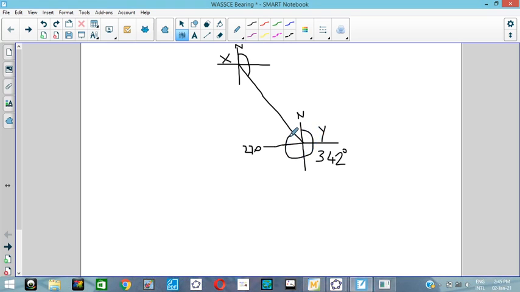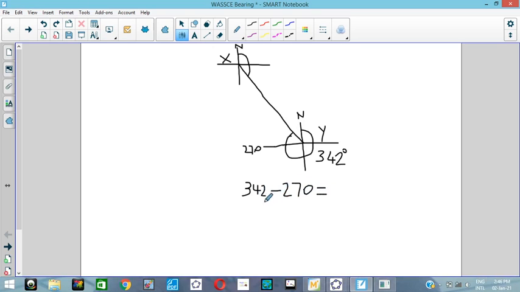Then you now turn a little bit extra. That gave us 342. So if I want to get this angle here, all I need to do is subtract 270 from 342. So 342 minus 270.